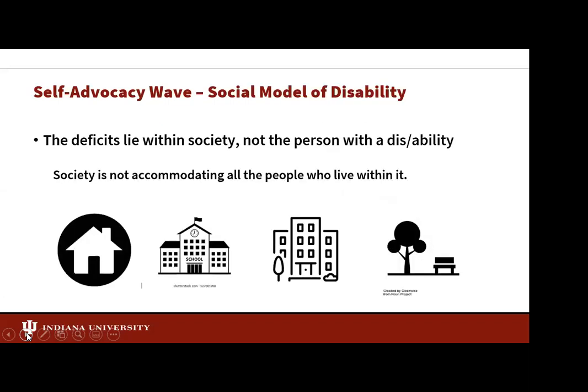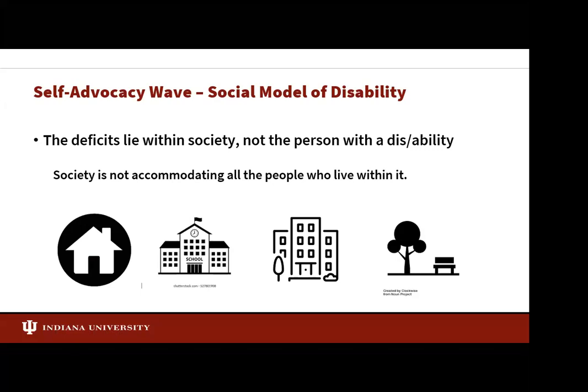So the self-advocacy wave embodies the social model of disability. In the social model of disability, the deficits lie within society, not with the person with a disability. So it's the opposite of the medical model, where the person with a disability has the problem and needs to change.